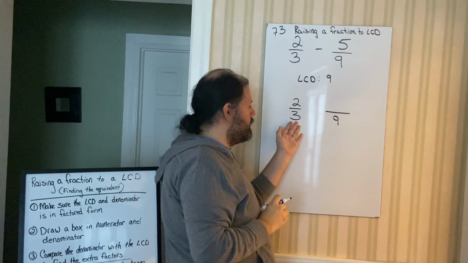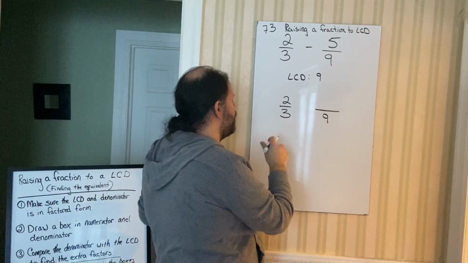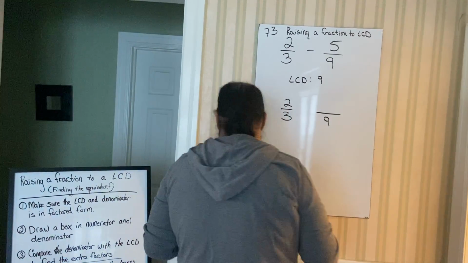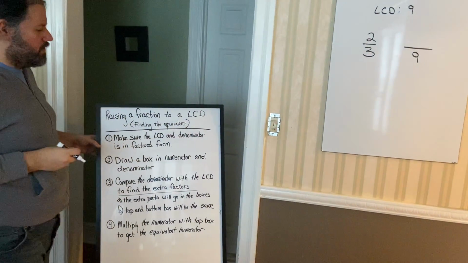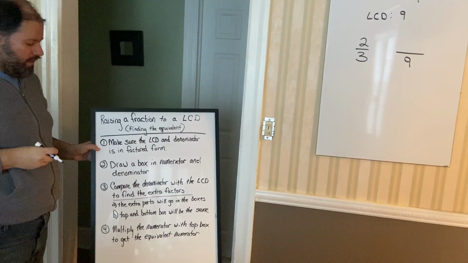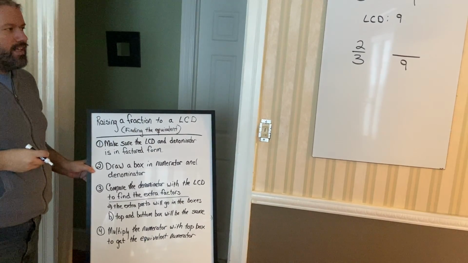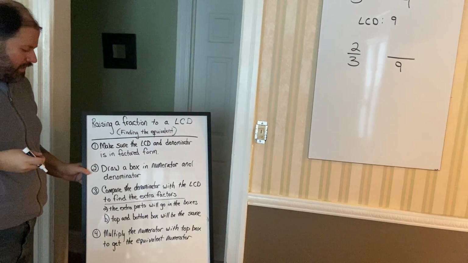What we want to do is take these two denominators and see if we can factor them out completely. Here are our steps. Step 1 is to make sure the LCD and the denominator are in factored form. The second step is to draw a box in the numerator and a box in the denominator.